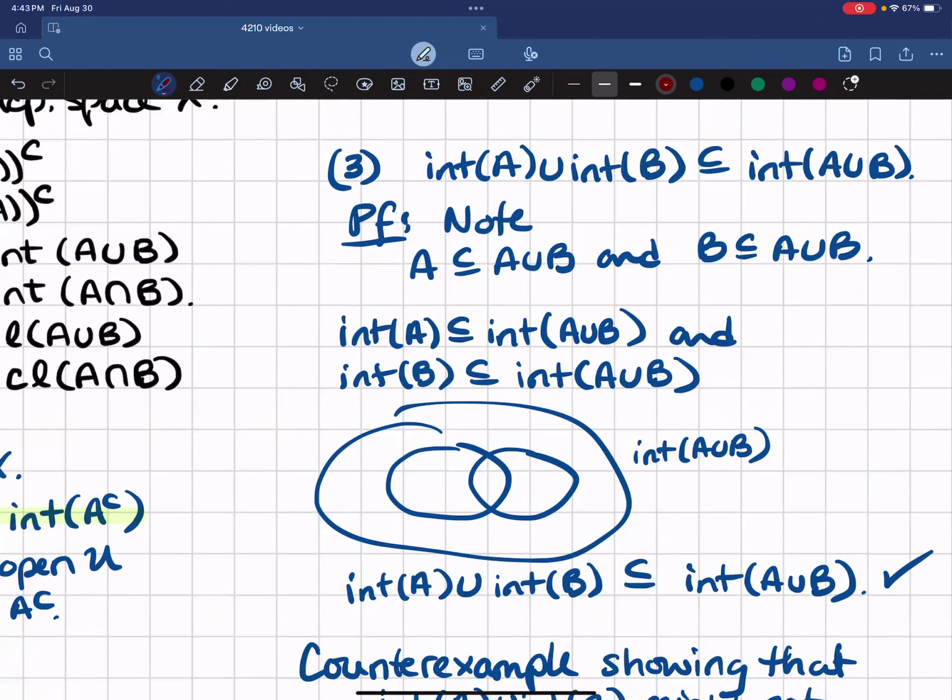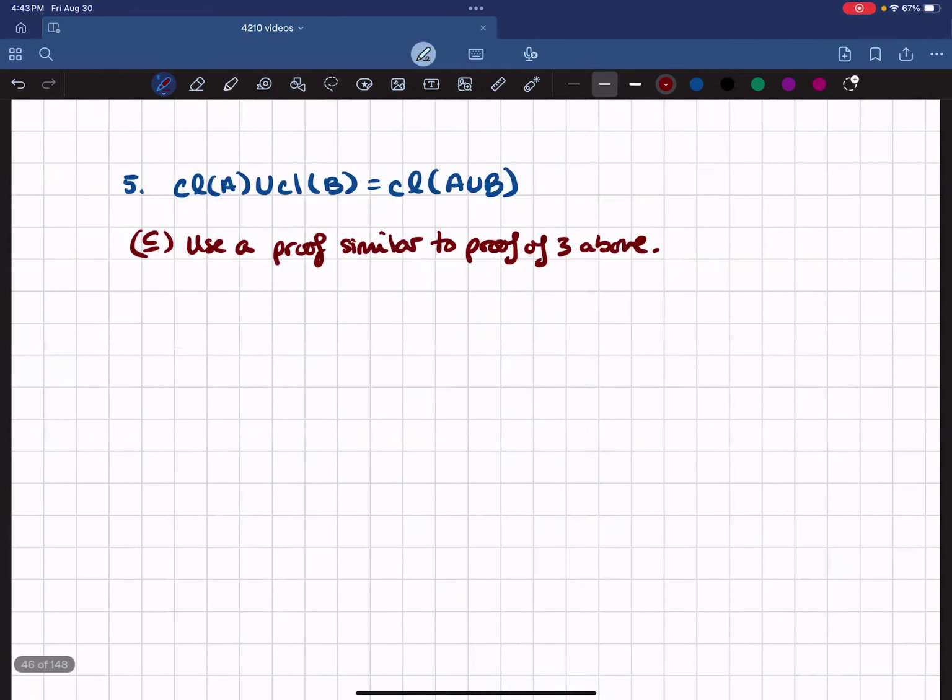And it would be the same proof. And I would get that the closure of A union the closure of B is a subset of the closure of A union B. And I encourage you to try to write out those details. Try to follow that proof of 3 and write out all those details, but with the closure, and check that what I'm saying here is actually true. Okay, but that'll just save me a little time here.